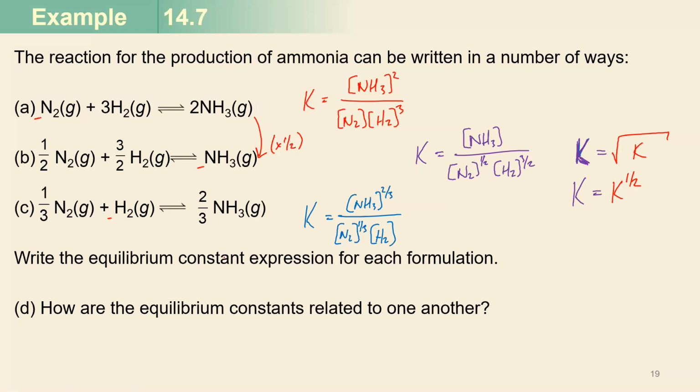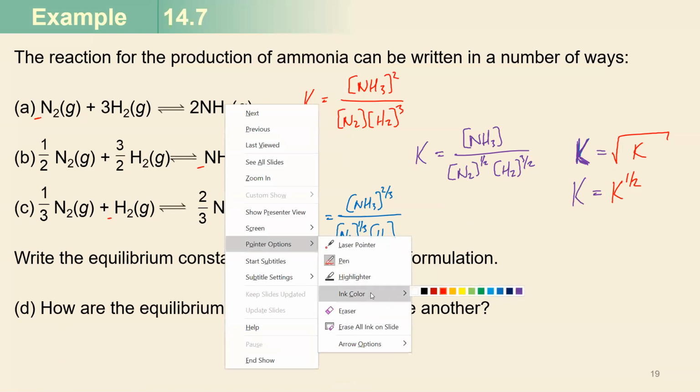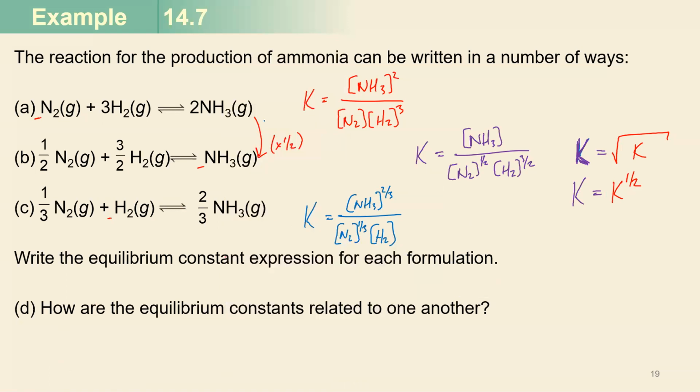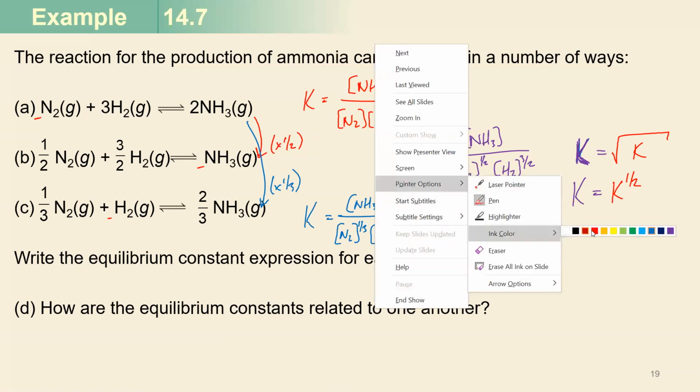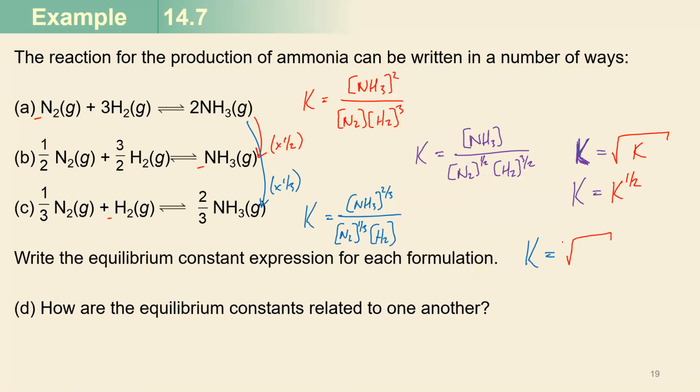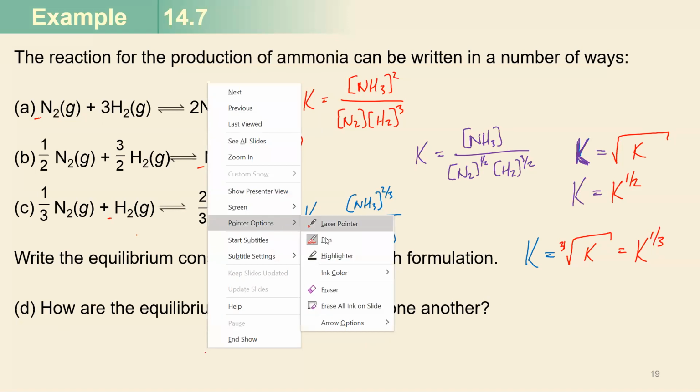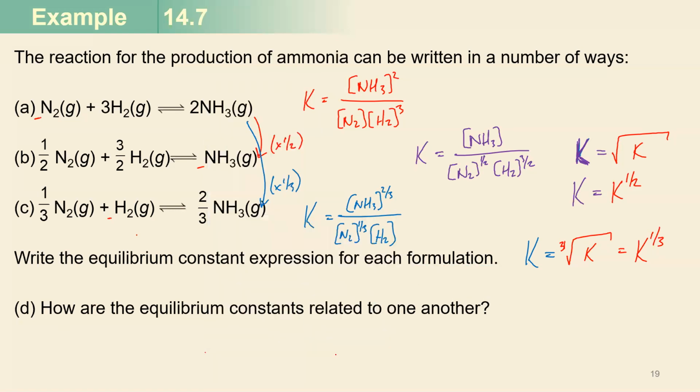So for A to C, what we did was we multiplied by 1/3. So blue K is equal to the cube root of red K, or red K raised to the 1/3 power. And so that relationship between those equilibrium constants all has to do with the factor that the equation is multiplied by.